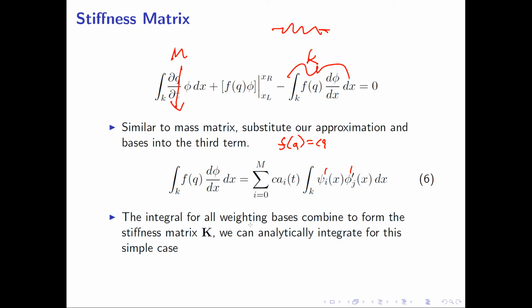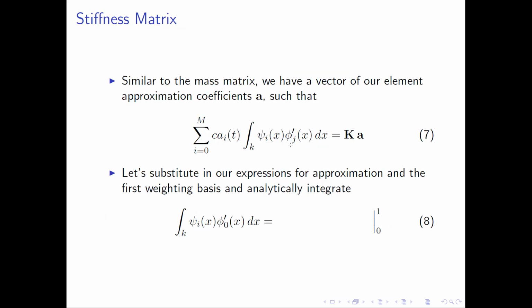So let's take a look at what we would do for this simple case. So again, we can imagine that we have some vector of our coefficients on our solution approximation. Now it's just the coefficients themselves, not the derivatives with respect to time. And we can multiply that by our stiffness matrix.